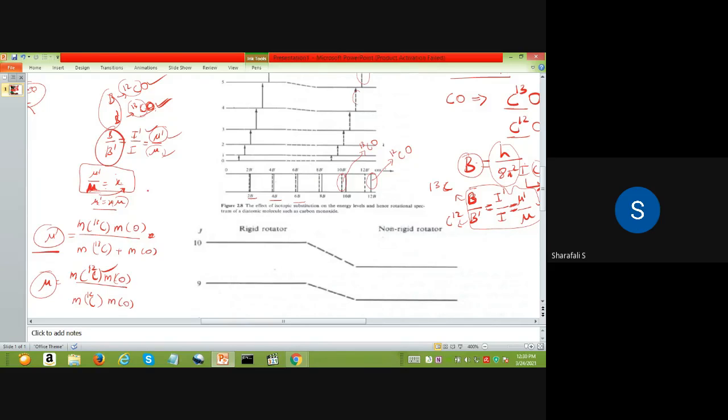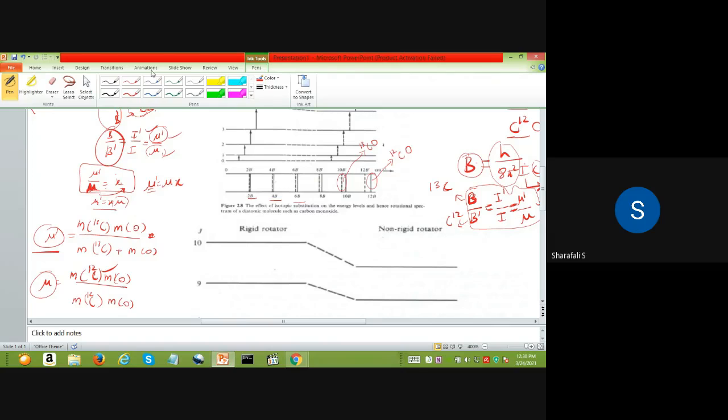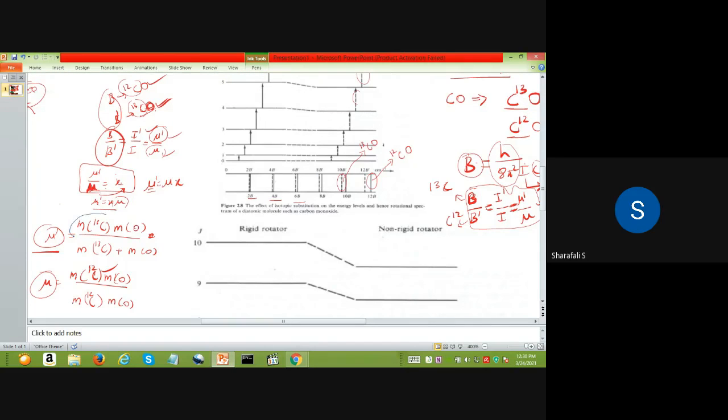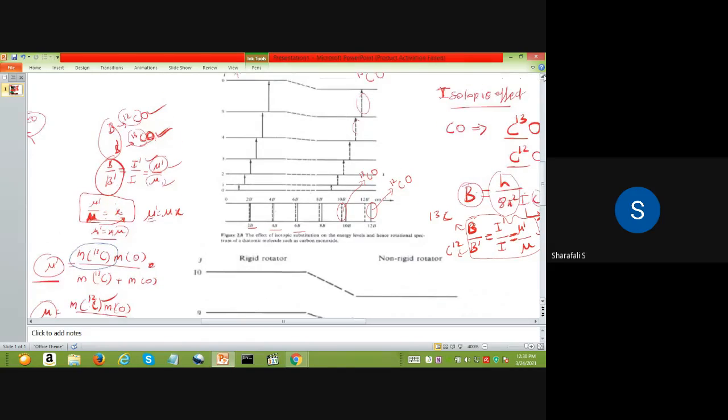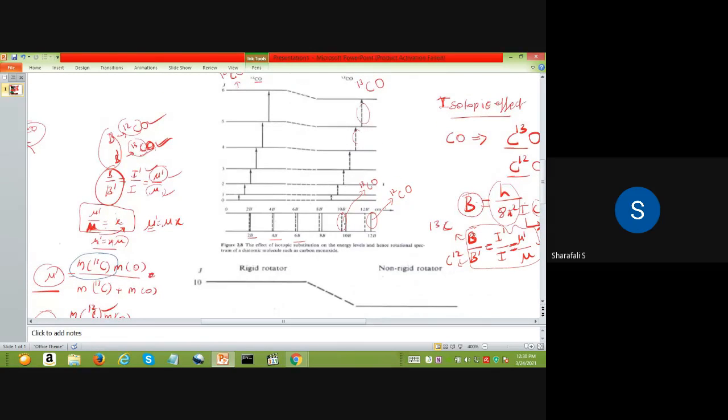Mu dash will be equal to mu times X, and mu dash is nothing but this value, and from that you can find out the mass associated with the isotope that you have substituted. This is called isotopic substitution, which we can do for analyzing the mass of that isotope. And from this spectral analysis, we can see the change in the B value with respect to this isotopic substitution.